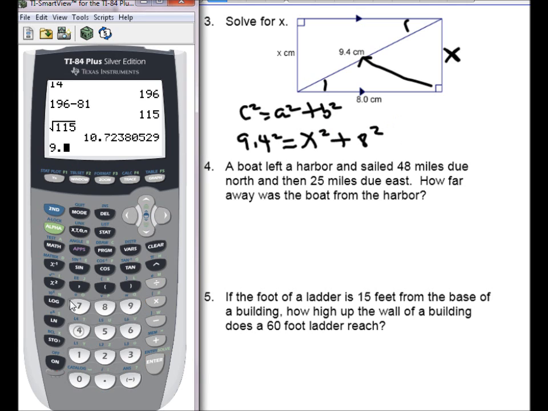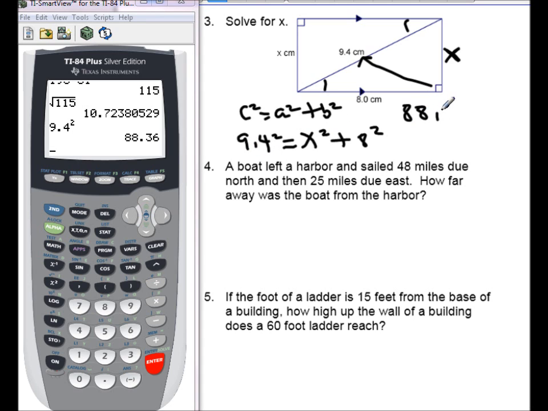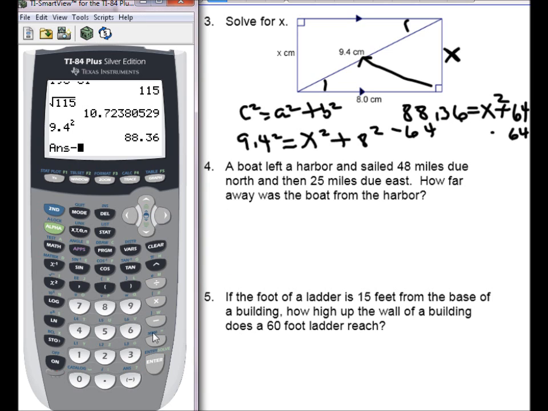9.4 squared is 88.36. Remember, we don't round until the very end. We use 4 digits up until the very end. So 88.36 equals X squared plus 64. I'm going to subtract 64 from both sides of my equation. So I'm going to subtract 64 from 88.36.